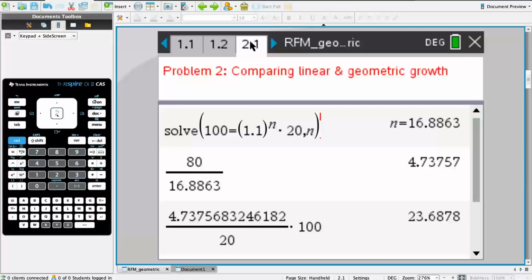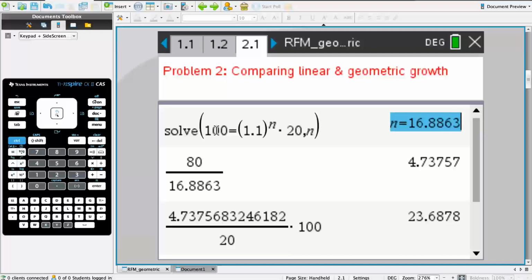So I think by now, with a 10% increase per year, it's reasonable for you to see that you could calculate the number of years it's going to take by just saying solve when will the value, that is the height, equal 1 metre or 100 centimetres, keeping it all in the same units.